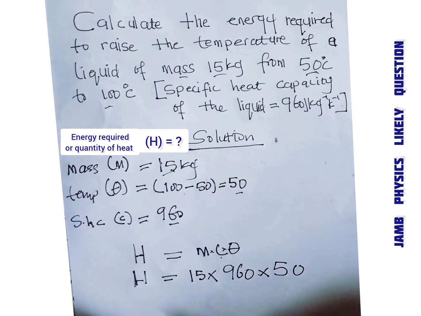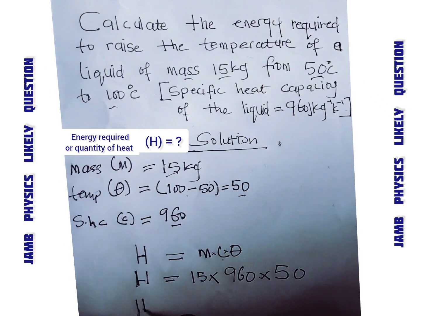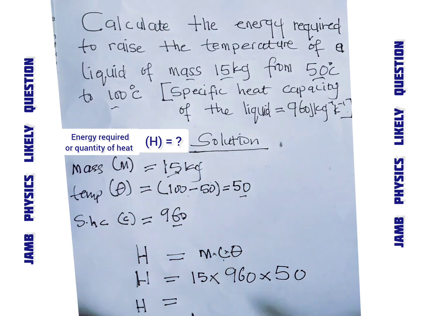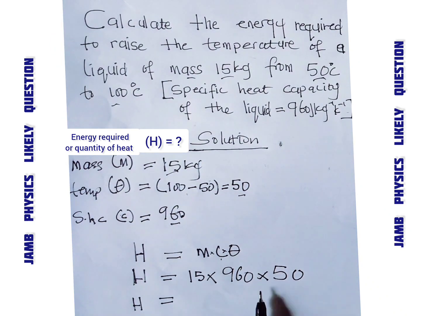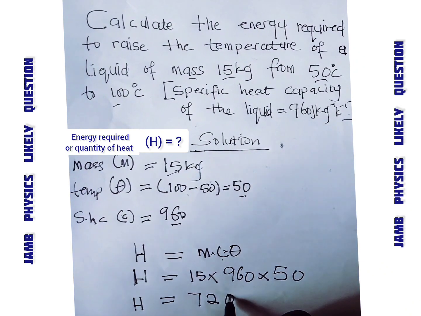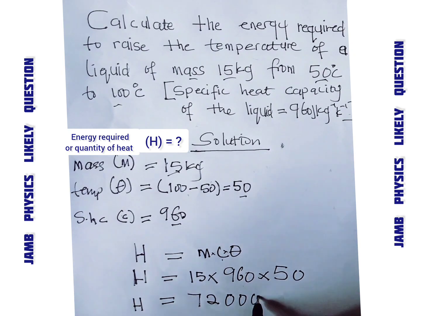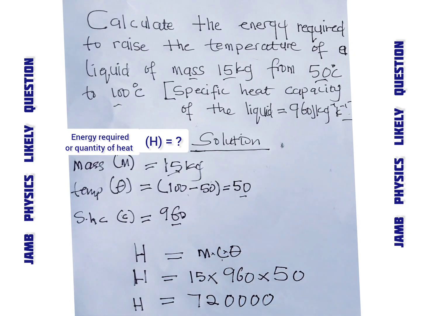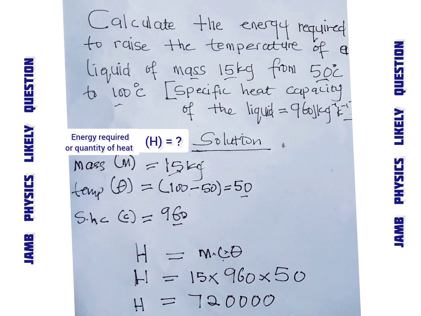Yes, which will give us what? Quantity of heat is equal to 15 times 960 times 50, which will give us 720,000. Yes, and that is the answer.